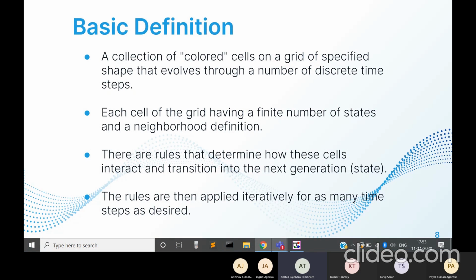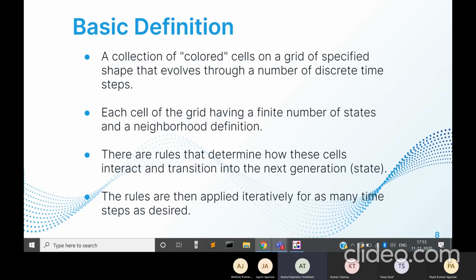Each cell of the grid has a finite number of states and a neighborhood definition. In cellular automata, there are various rules that determine how these cells interact and transition into the next generation. So considering an 8-bit implementation, we would be having rules numbered from 0 to 256.